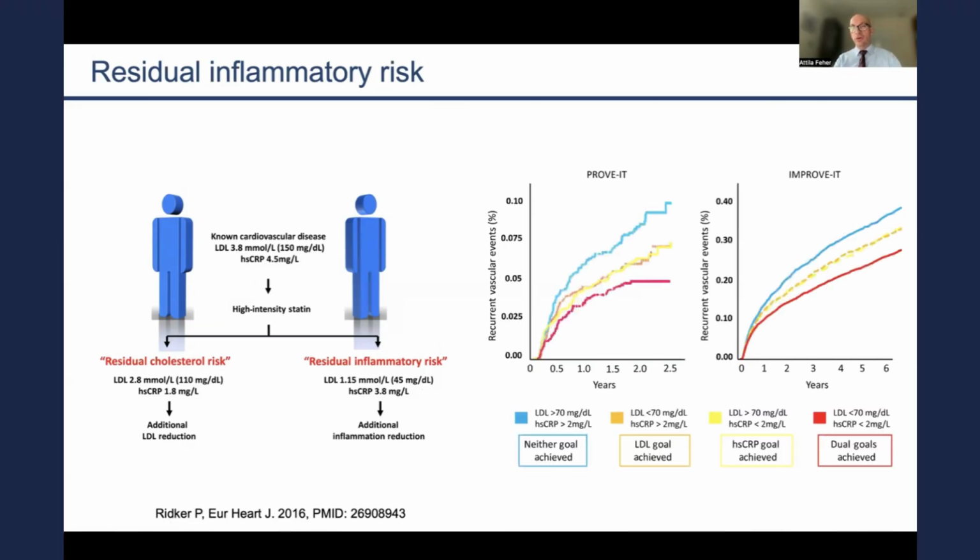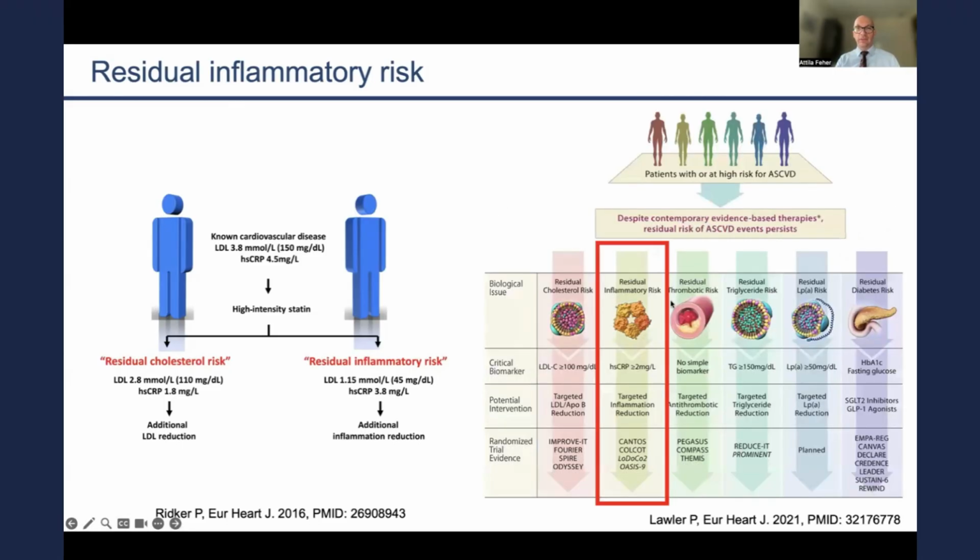And it has been shown nicely, both in the Prove It and the Improve It trials, that those patients who have both elevated LDL and high CRP will have the highest rate of events compared to those who have only one of these or none of these findings.